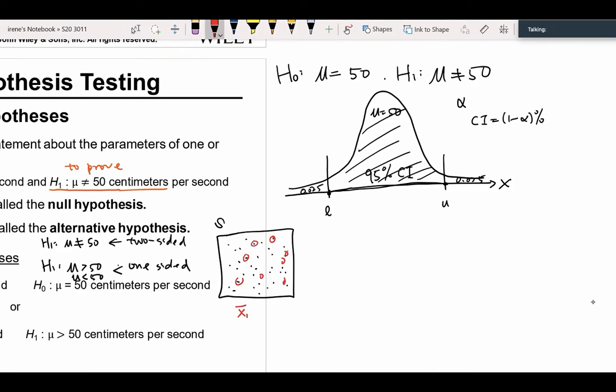If the sample average 1 is located here, in other words, case number 1, my sample average 1 is located between my lower bound and upper bound. My sample information is consistent with my null hypothesis.